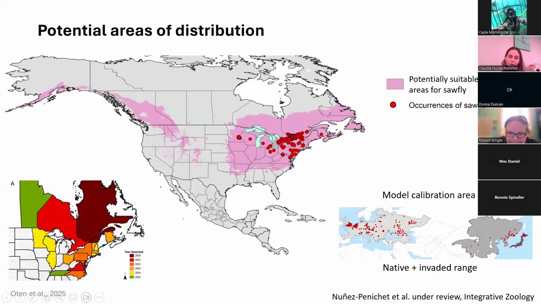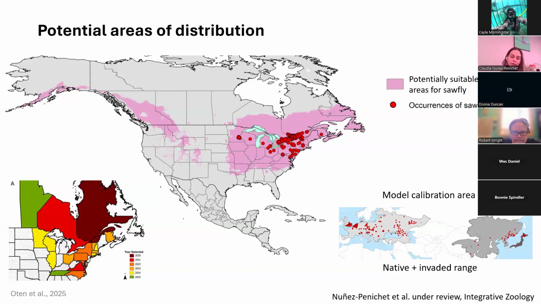So at the moment of modeling invasive species, the point of invasion matters a lot for including larger areas of suitability and getting a better prediction.